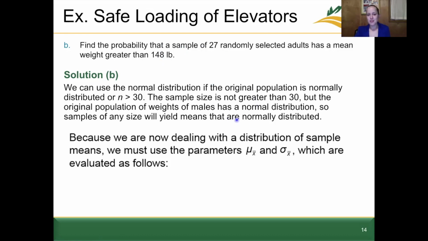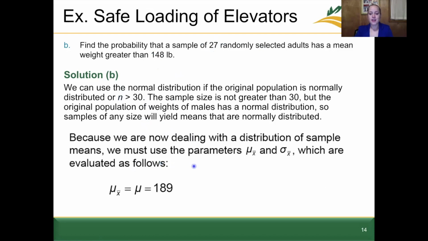So that's the major concept from 6.4, this distribution of sample means. So we're basically finding the average of these 27 randomly selected adults and comparing this to our x value, or 148. It's sort of a unique way to think about this, but we can use these approximations now that we have checked off one of those requirements and we know we can use the central limit theorem.